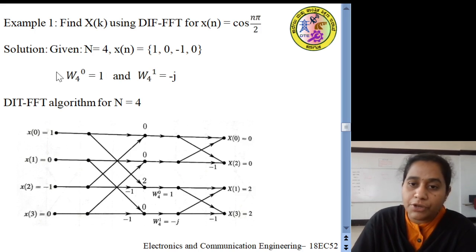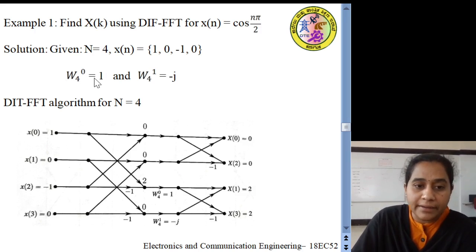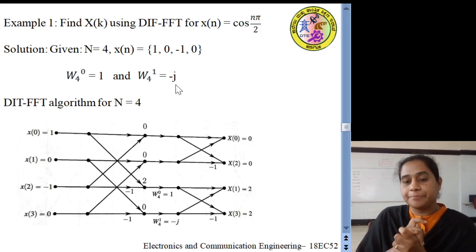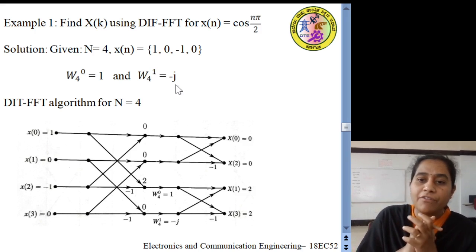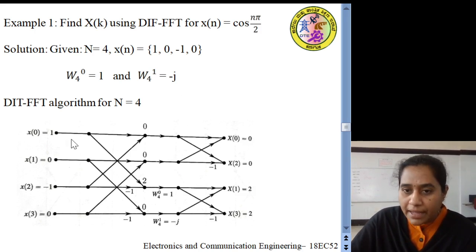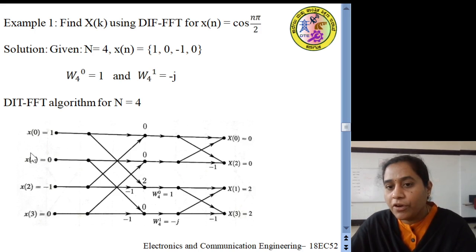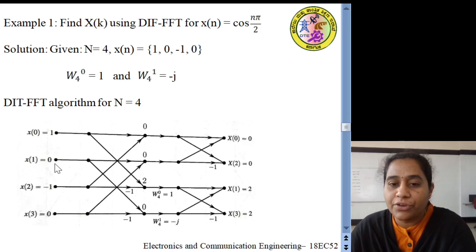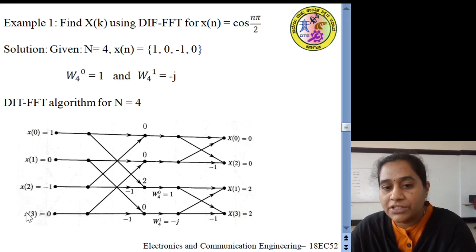If you substitute the powers, you obtain W4 to the power of 0 as 1 and W4 to the power of 1 as minus j. Now, for N equal to 4, the DIF FFT flow graph can be written like this. We are taking the input in natural order: x of 0 is 1, x of 1 is 0, x of 2 is minus 1, x of 3 is 0.